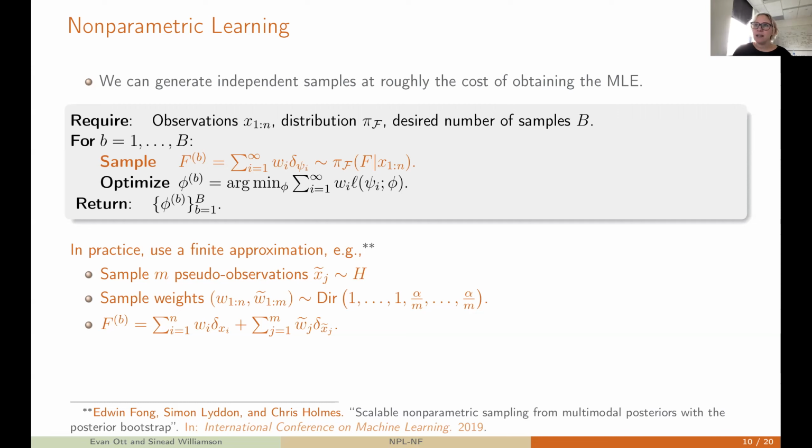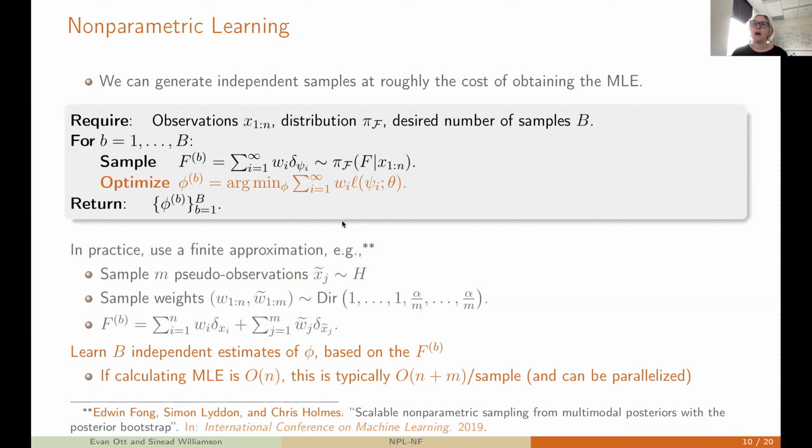Then once we've got our sample, we're going to find the minimizer of this weighted loss, right? Where this is just summing over the loss per data point or pseudo observation multiplied by its weight. And this is going to be roughly the same cost as optimizing our original MLE.